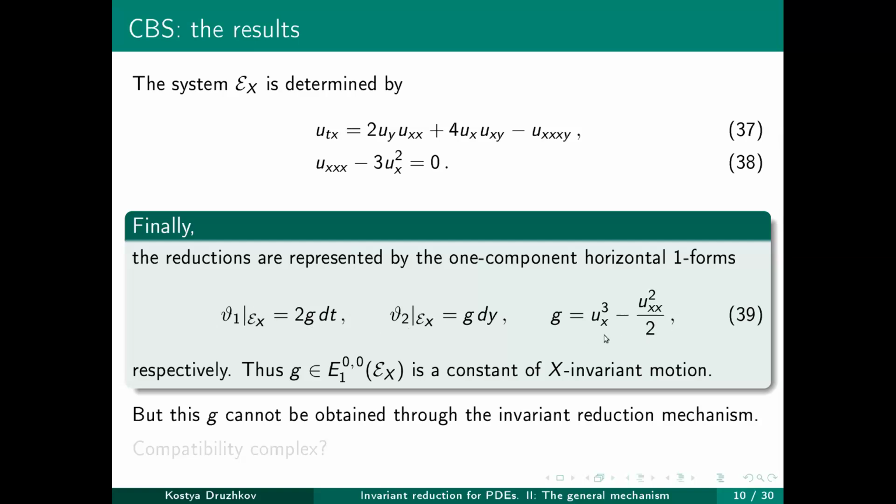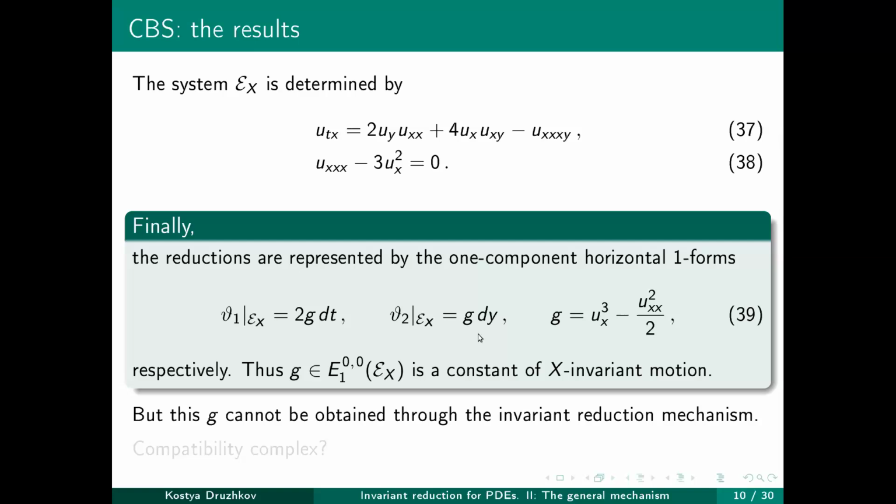One can see that this actually means that g is a constant of invariant motion. That is, for any invariant solution of the original equation, say with a connected domain, this function g restricted to the solution is a constant, just a real number. So it's a constant of invariant motion. This means that the system is not differentially connected, because of the structure of conservation laws.